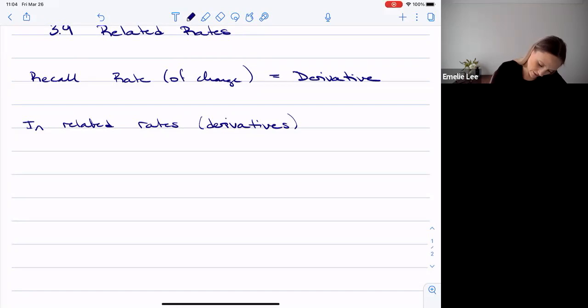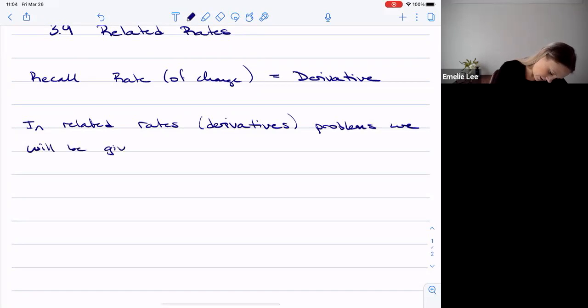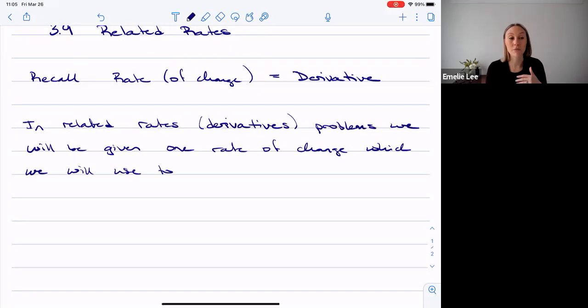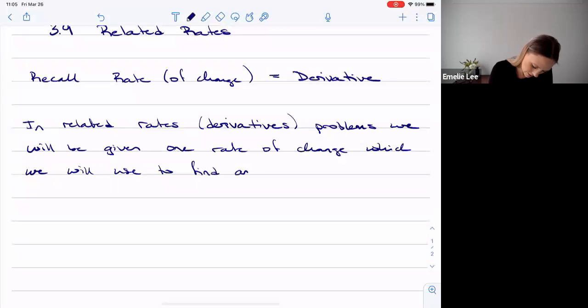So in related rates or derivatives problems, we will be given one rate of change, which we will use to find another rate of change.